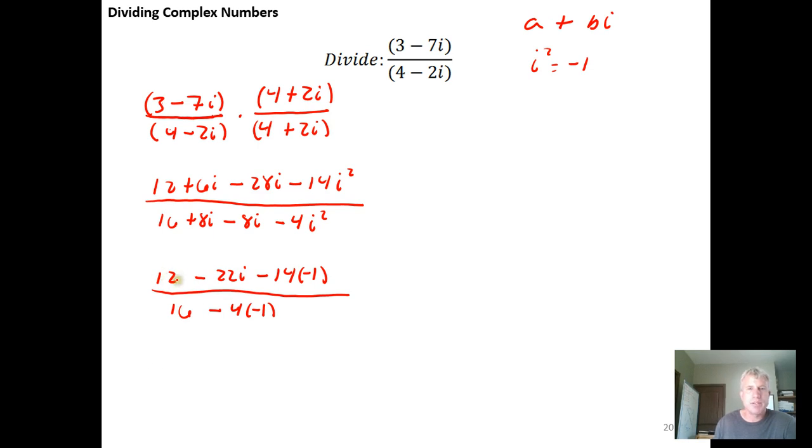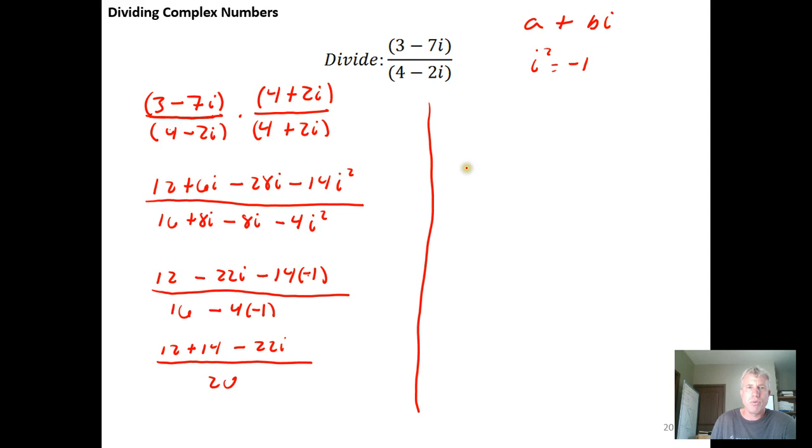I keep simplifying, so I get 12, minus and minus makes plus, so I get 12 plus 14 minus the 22i that I already had, and it's all over 16 plus 4 is 20. So I'm going to go ahead and bring this up over here. I've got the 12 plus 14 is 26 minus the 22i, and this is all over 20.